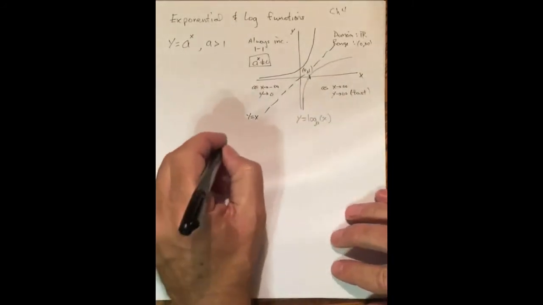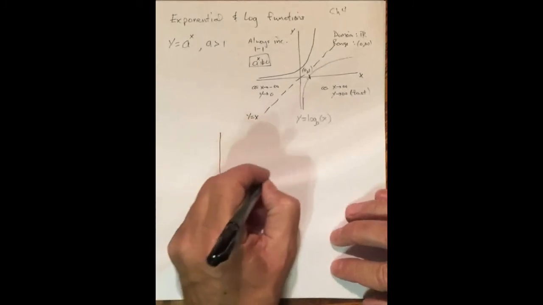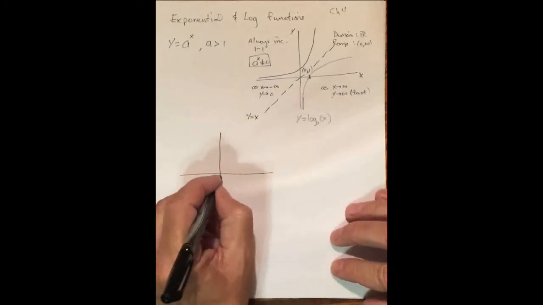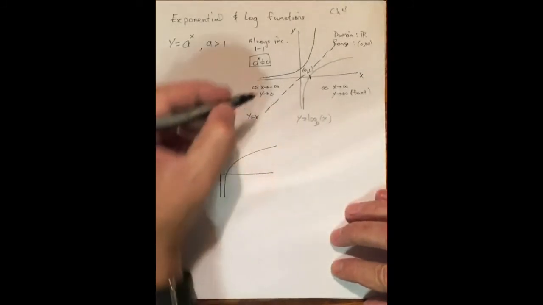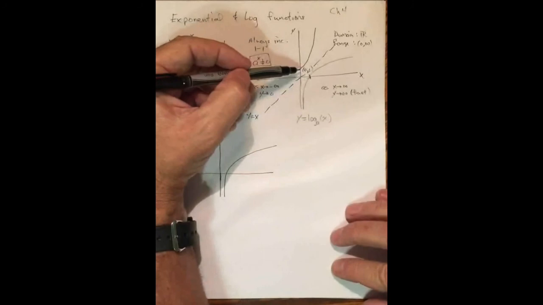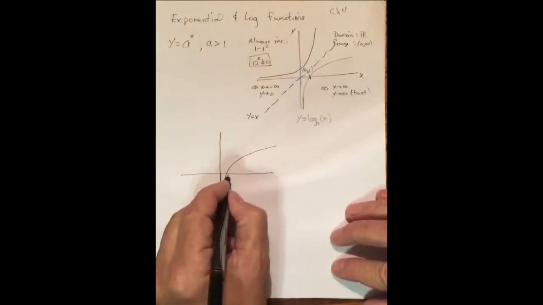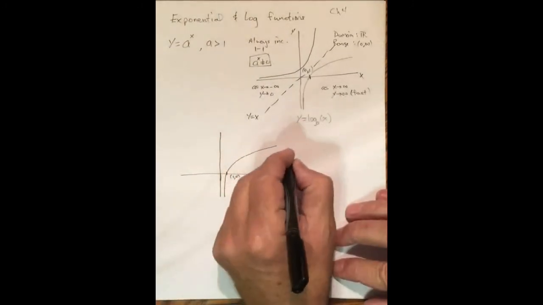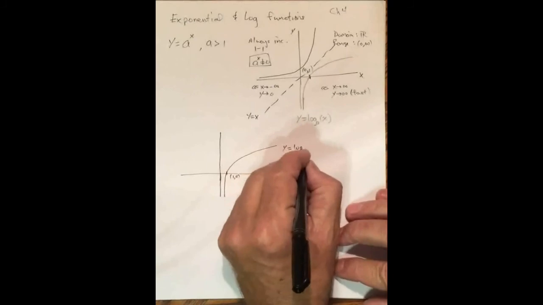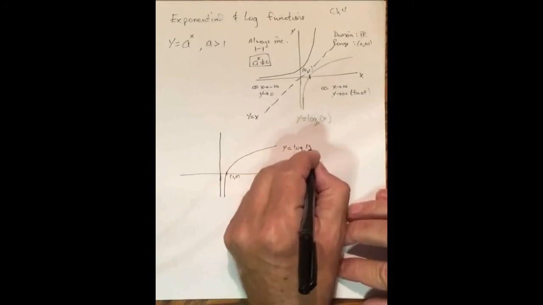Now, let's look at a graph of this function just by itself. On the exponential, we know that it crosses the y-axis. That's the y-intercept of (0, 1). So that means, remember, we swap x and y, so (1, 0) has to be on the graph of y equals log base a of x.